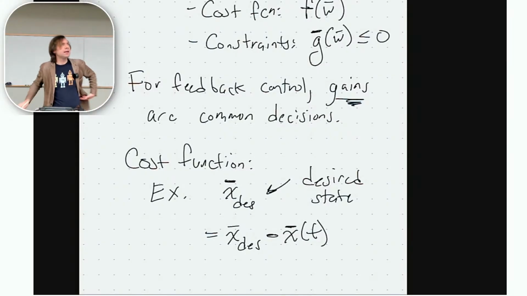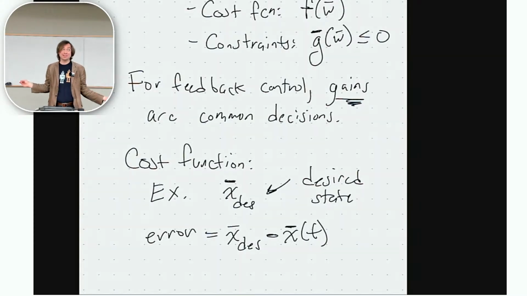What's that called in controls? The error. And we want that error to go to what number typically, friends? 0, right? So it might make sense to have a higher cost when that error is far from 0.